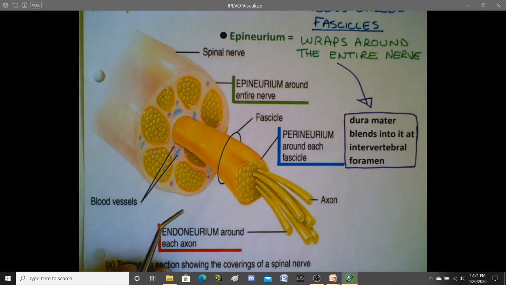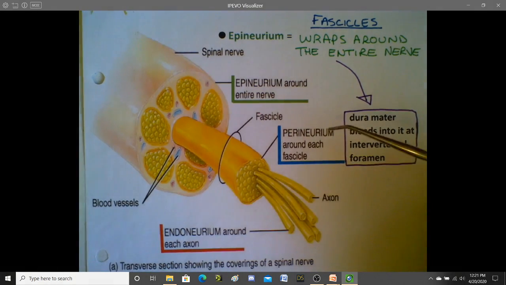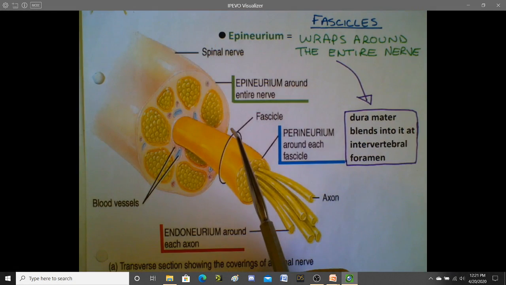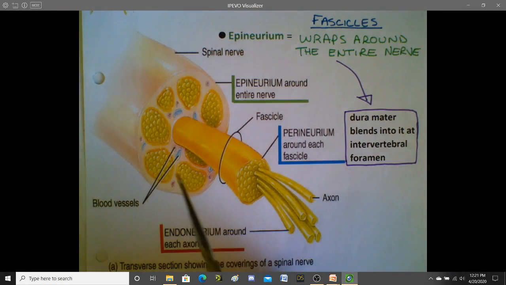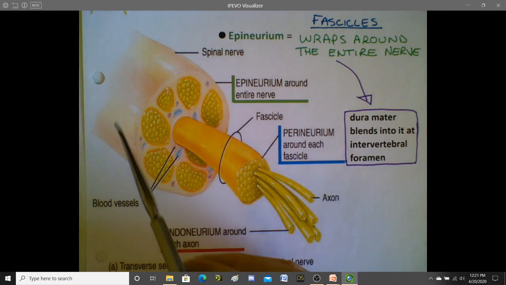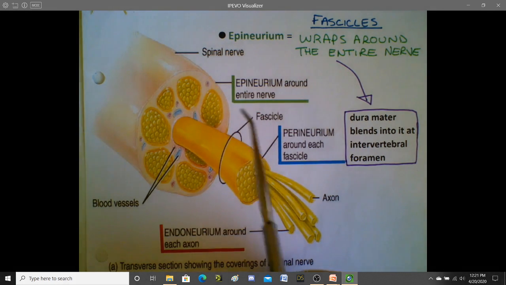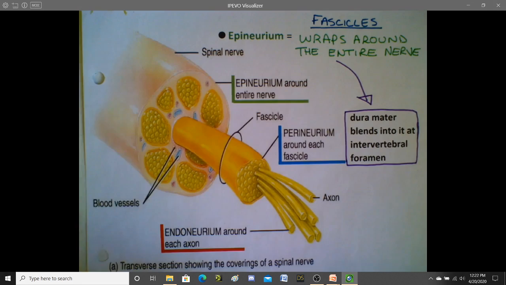The fascicles are then all bundled together in perineurium. And then the fascicles all grouped together are bundled to make the entire nerve. And then the entire nerve is wrapped in epineurium. So we have the same prefixes to a different word for these connective tissues that wrap around the nervous tissue, just like the muscle tissue.